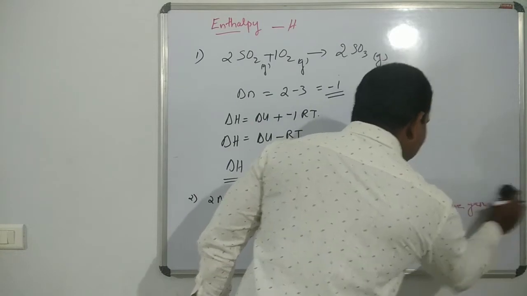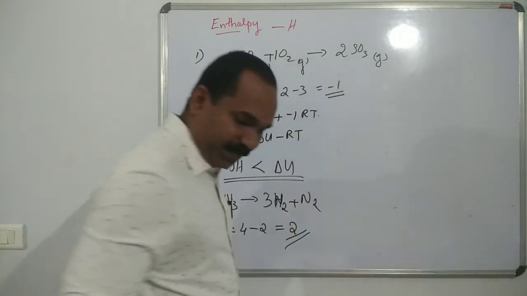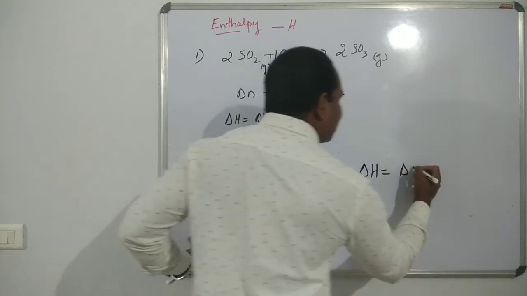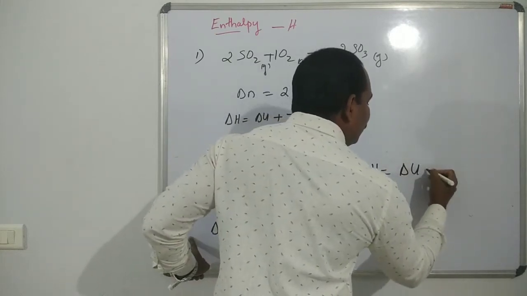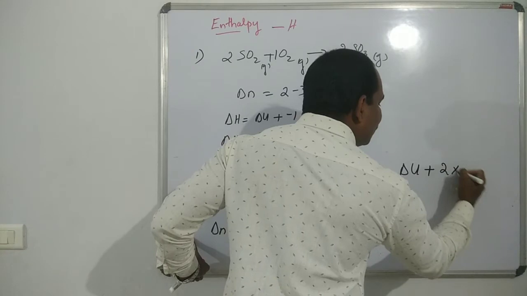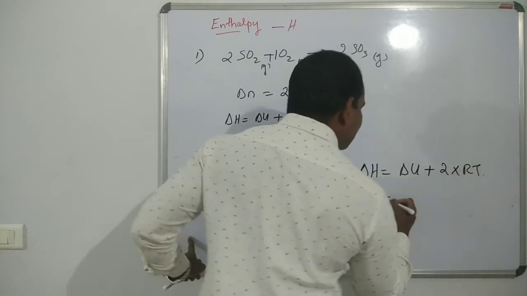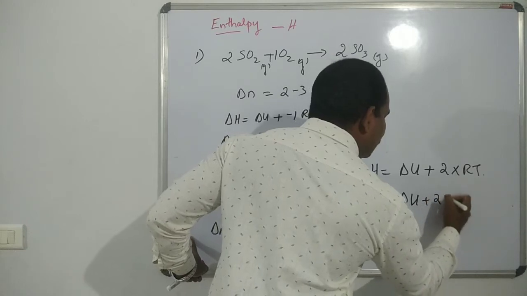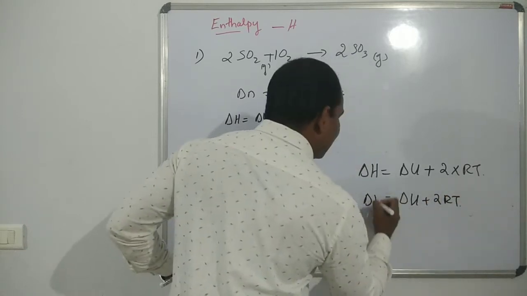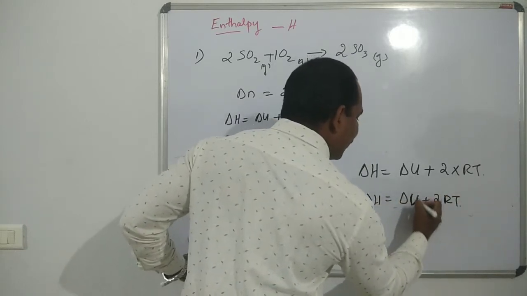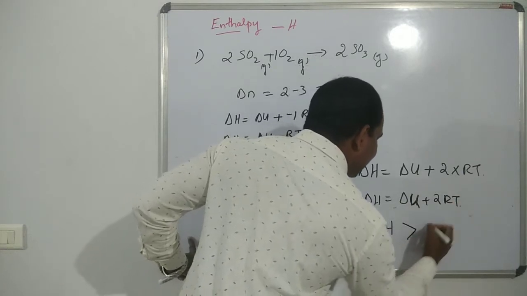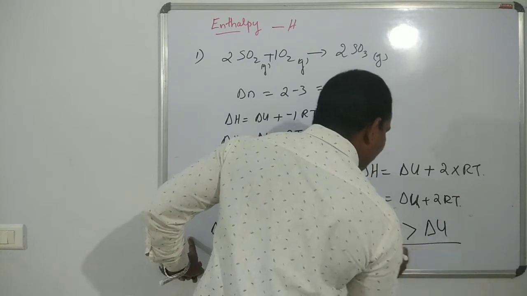That is, delta n is positive. So delta H is equal to delta U plus 2RT. Here delta H is greater than delta U.